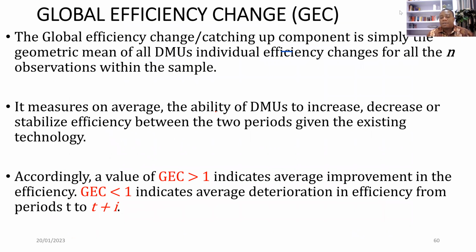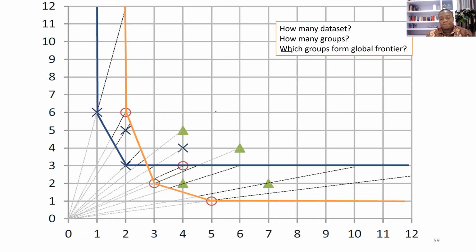Doc, yes, please, can we go back to the diagram? I have a question. Okay, so, although we have 3 groups, only 2 frontiers are identified or can be traced from the diagram.